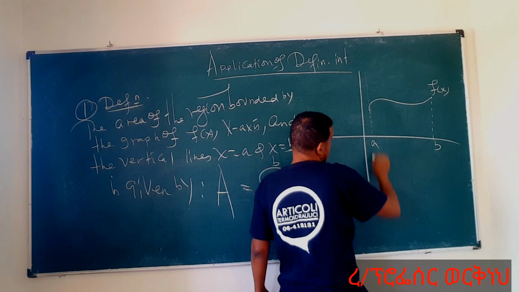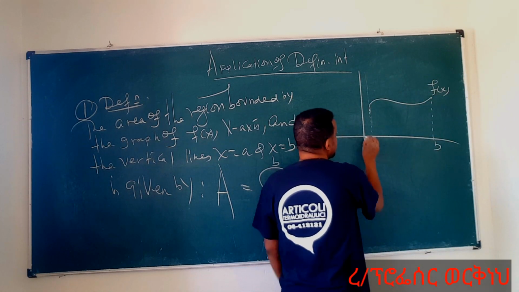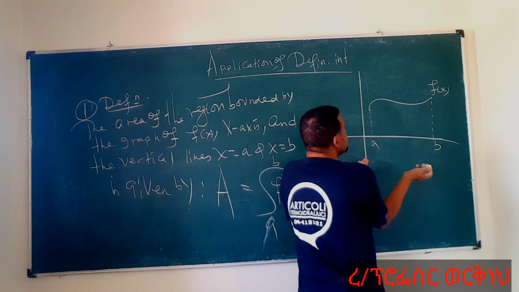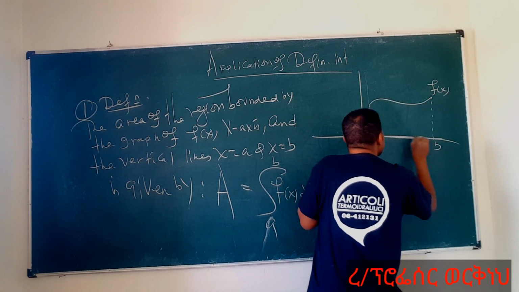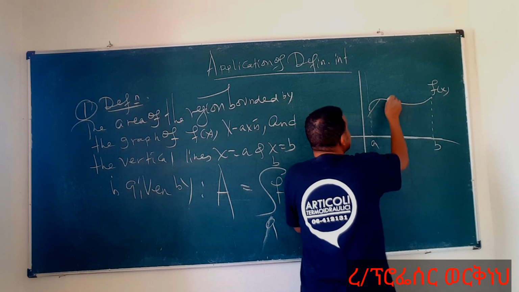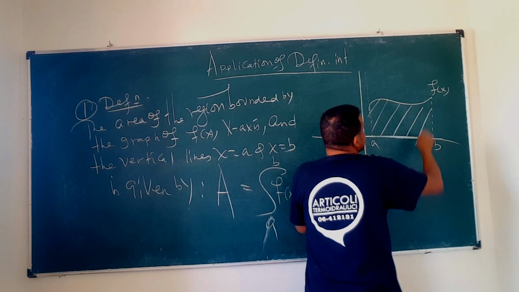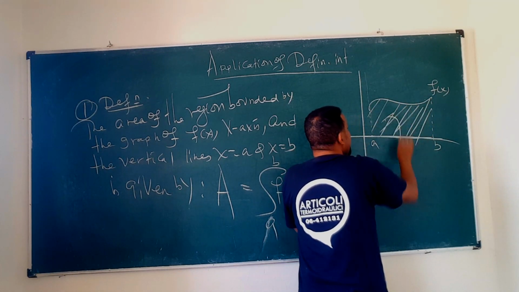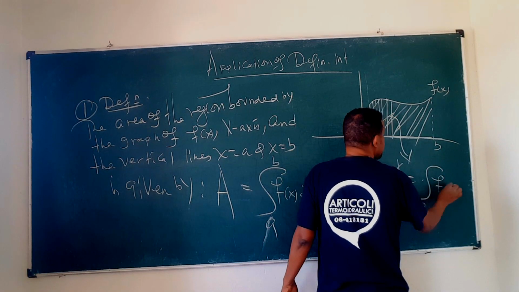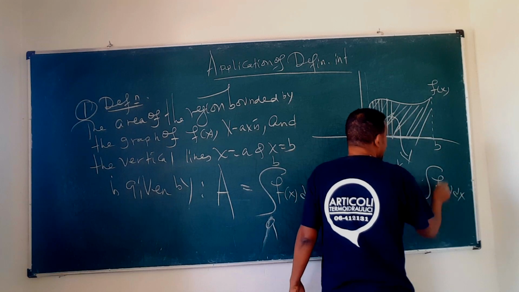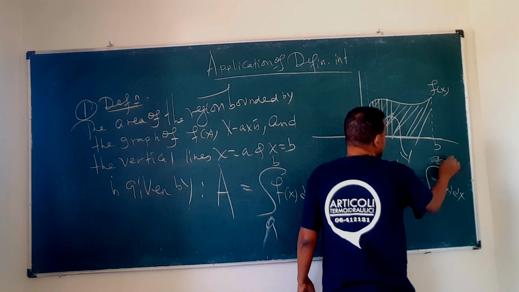These are the vertical lines, and this is the x-axis. The region bounded by the graph of the function, the x-axis, and the vertical lines is this region, and its area is given by the definite integral of f of x dx from a to b.